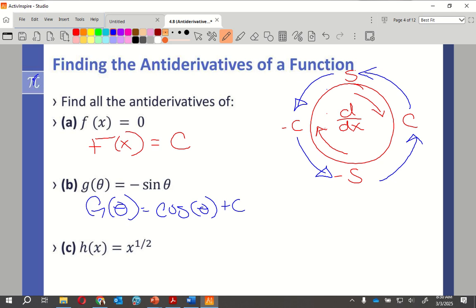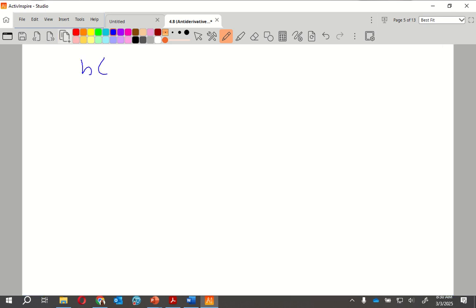This next one here, antiderivative. So new page right here, h of x is x to the 1/2. Now, if I were to take a derivative, I'm going to show you the steps here, step by step. So my derivative, so x squared, the derivative of that is going to do what?